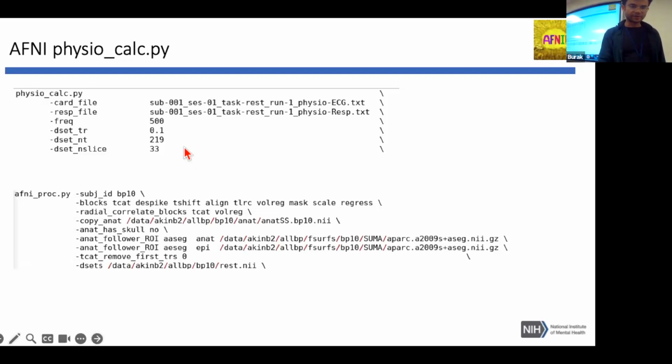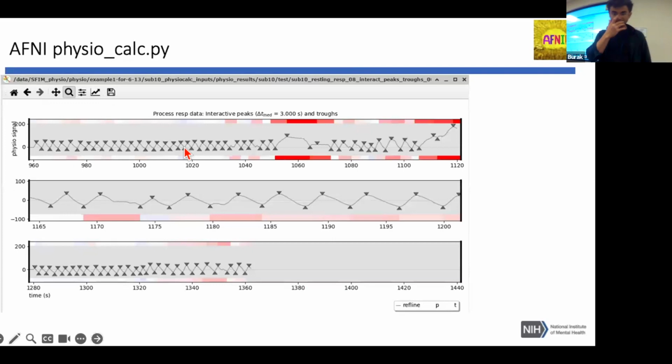After you start that, there's a nice interface that lets you go through the signals, because it may and will need manual correction. Although I show good signals here, people breathe in, people sigh, and inside the scanner these signals don't always happen to be nice. So you need to go through all the peaks and troughs.